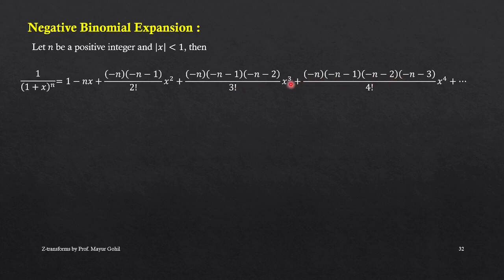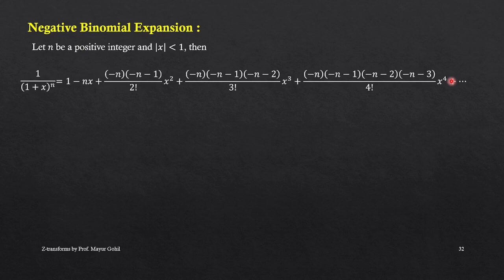So you have to multiply minus n, minus n minus 1, minus n minus 2, minus n minus 3. Such four terms are there, so you divide by 4 factorial and then there is x raised to 4. This pattern continues, it goes on.